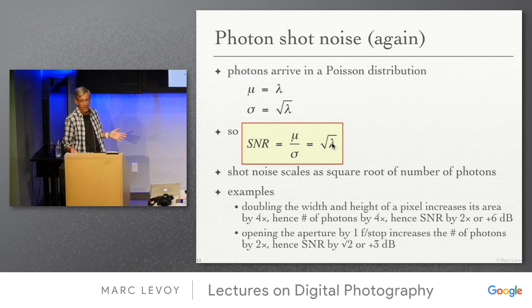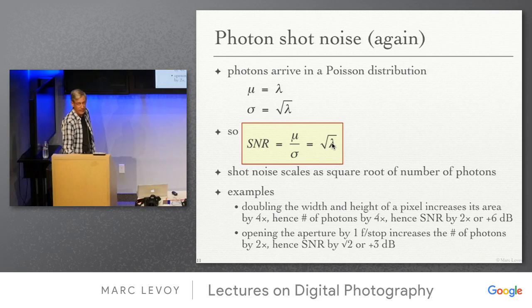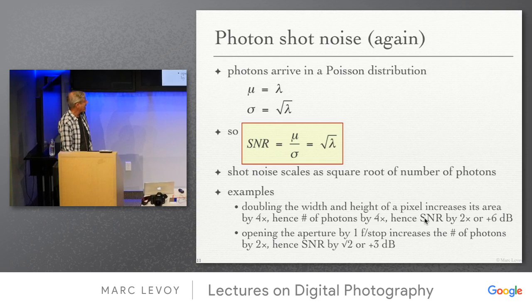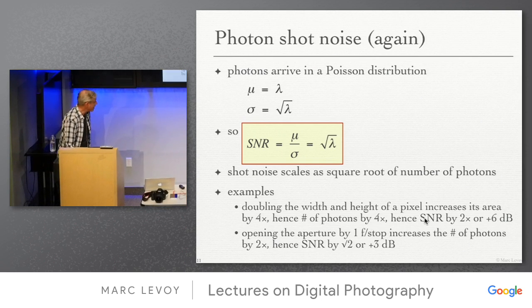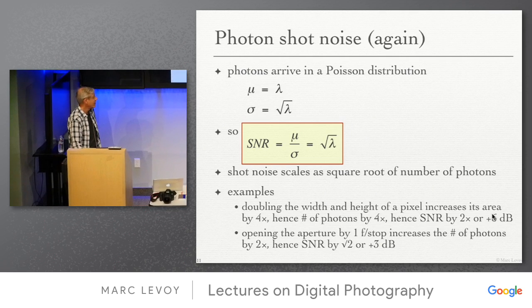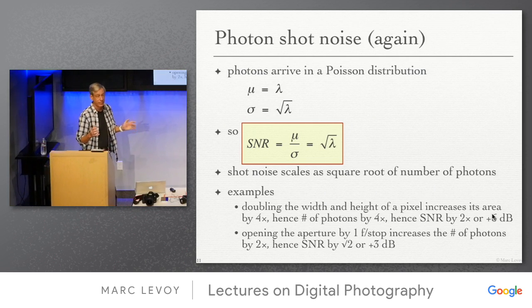So here are some simple examples of applying that. If we double the width and height of a pixel, we'll increase its area by 4x, hence the number of photons by 4x, hence the signal-to-noise ratio by the square root of that, or twice, which is 6 dB. So that's a camera that has pixels that are twice as big.